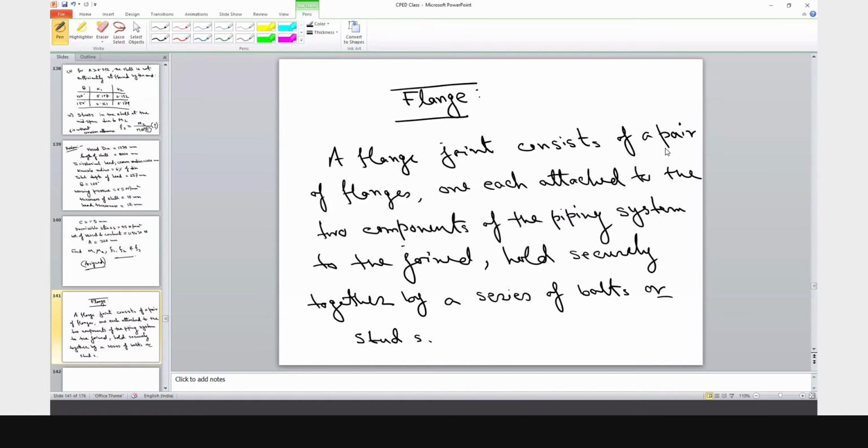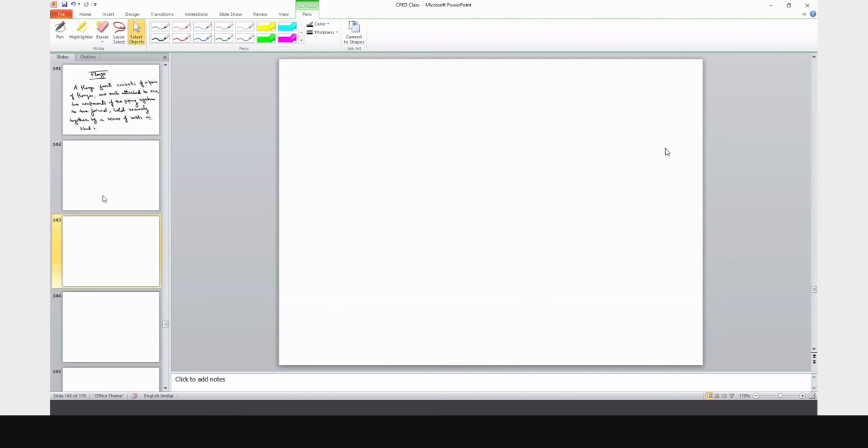And to make it completely leakage proof, so that no leakage occurs from in between the rough surfaces of the flanges, a gasket is used. I will show the diagram.